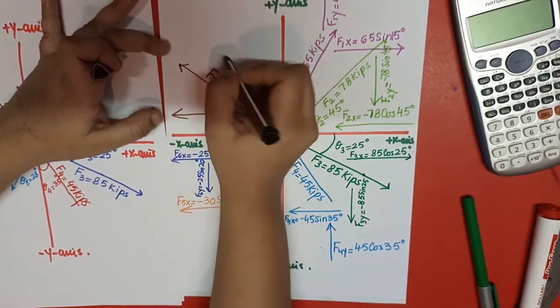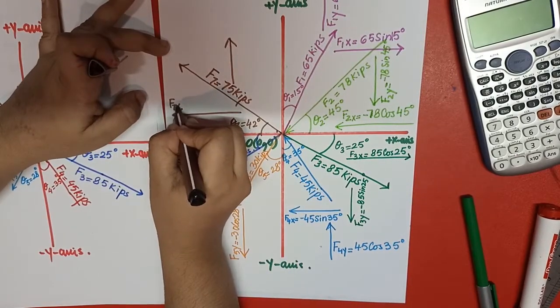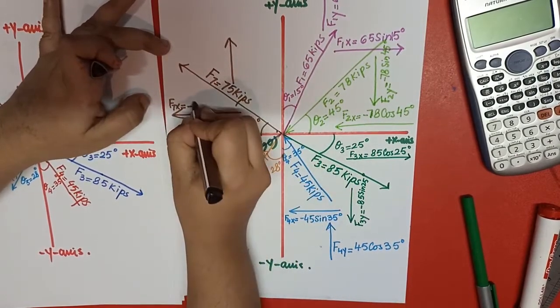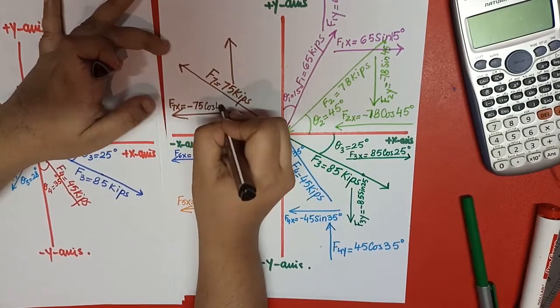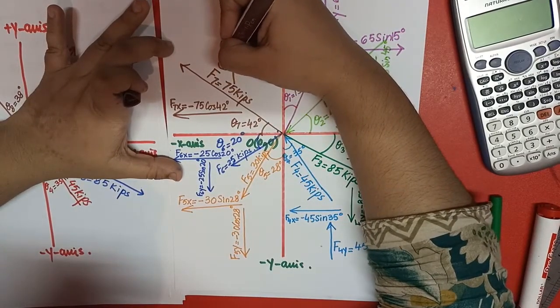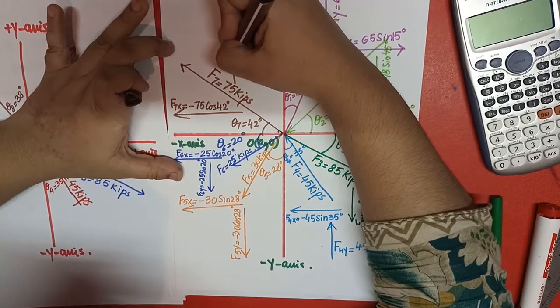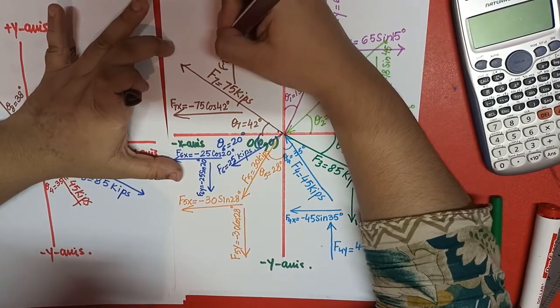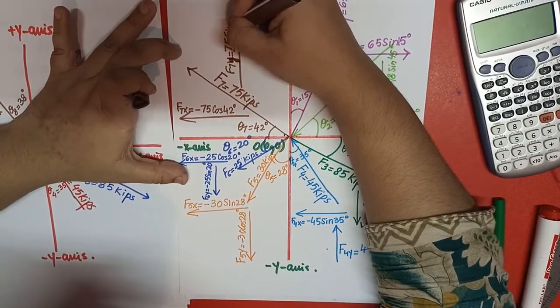This should be outward and this should be outward. So F7x is equal to negative 75 cos 42 degrees, and F7y is the positive one, so 75 sine 42 degrees.